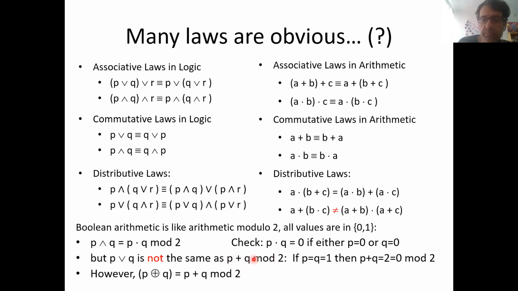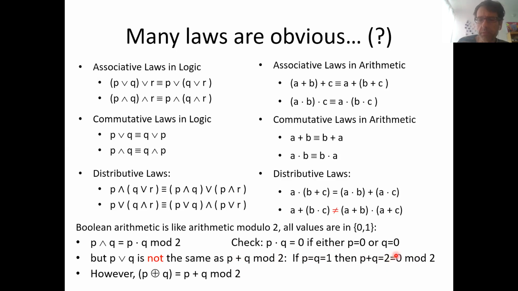The case which violates this being a sum is this case. If P and Q are both true, then addition is true. And if you do arithmetic mod 2, which is just modulo 2, so the only thing that matters is whether a number is even or odd. If it's odd, then it's a 1, and if it's even, then it's a 0, right?